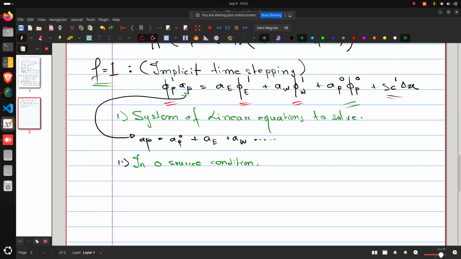In zero source condition, we are left with nothing but AP phi p equal to A east phi east, and this is nothing but AP naught plus A west plus A east, right?